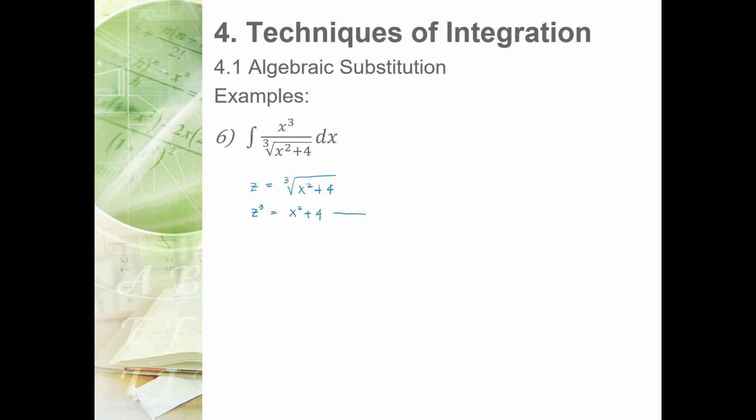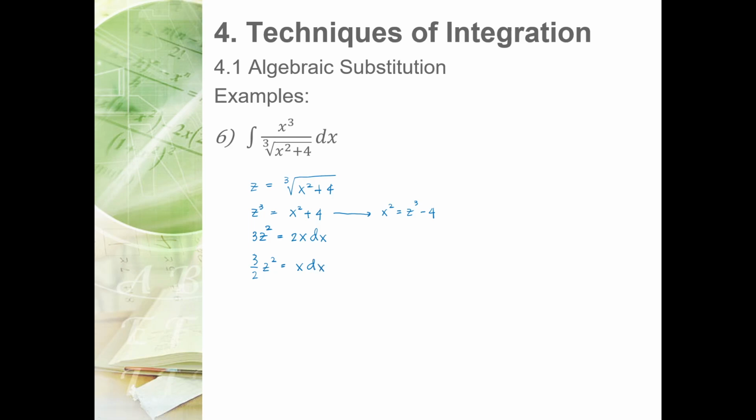If you want to isolate x squared directly, you may do so: x squared equals z cubed minus 4. Then get the derivative, either one gives the same answer. So 3z squared equals 2x dx. Isolating x dx, we have 3 halves z squared equals x dx.